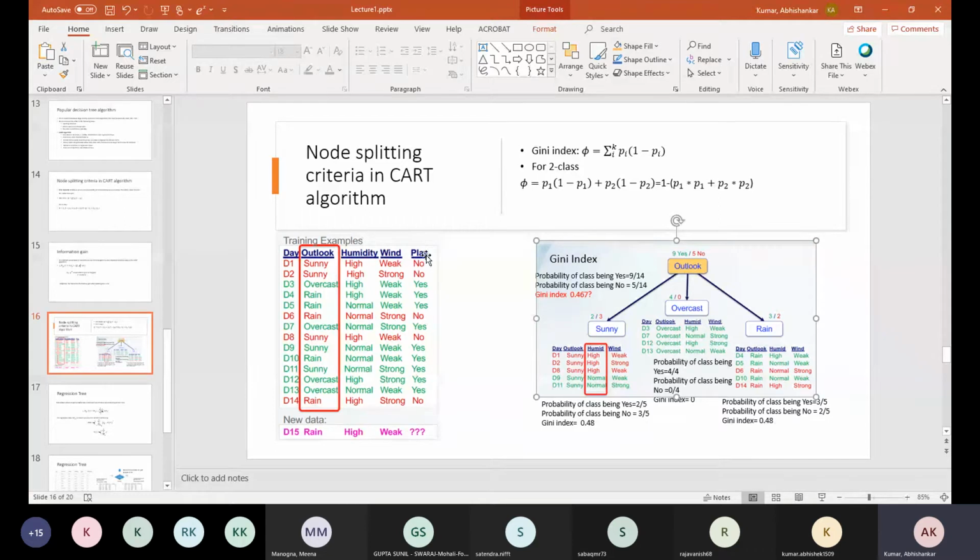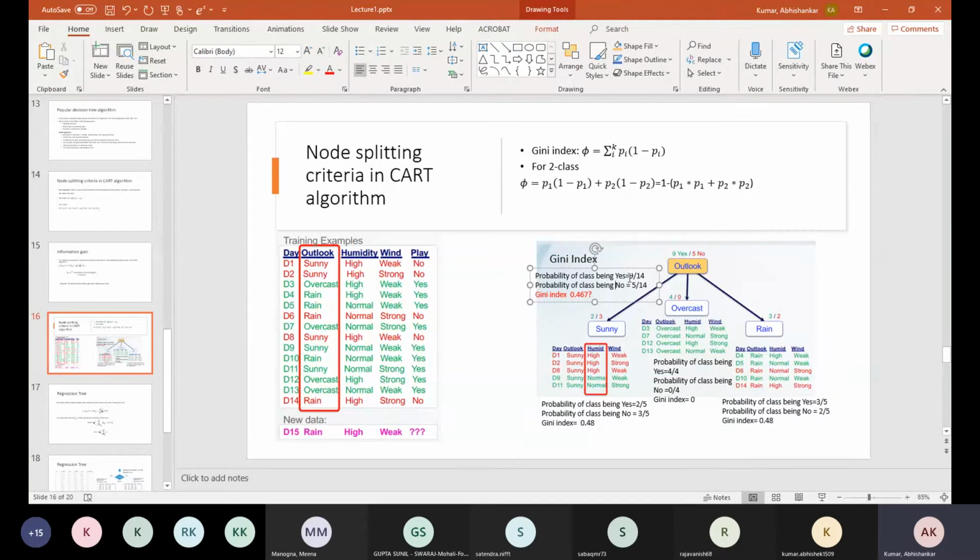So we have to see how many different classes are present in the data set, and then count the target: how many yes and how many no are there in the data set. 9 yes and 5 no, that is correct. Then you have to see the probability of class being yes and the probability of class being no.